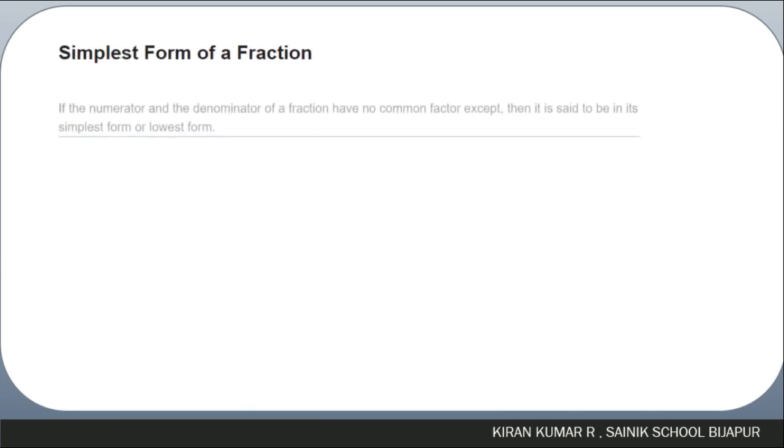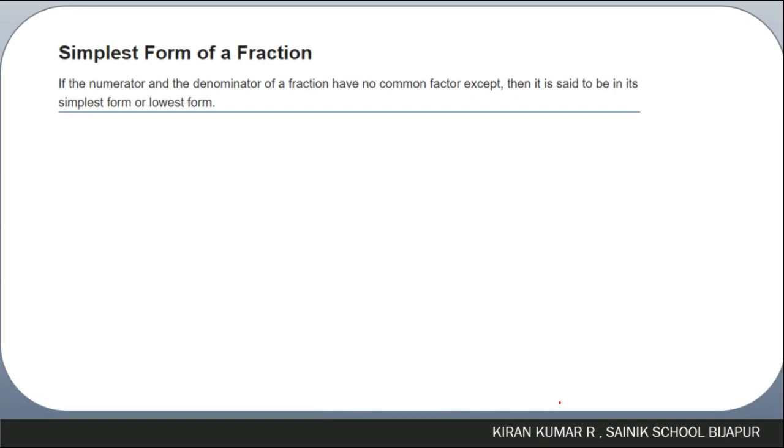Now we will learn the simplest form of a fraction. If the numerator and the denominator of a fraction have no common factor except 1, then it is said to be in the simplest form. It is also called the lowest form.